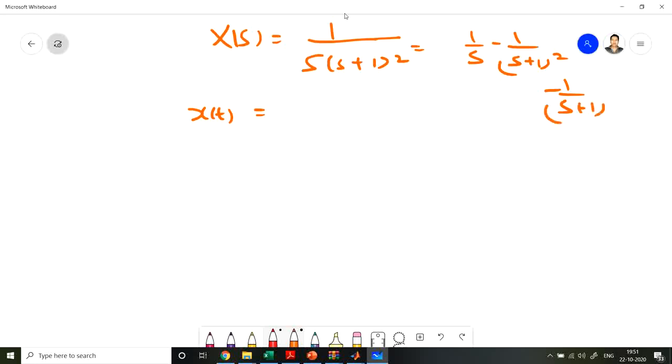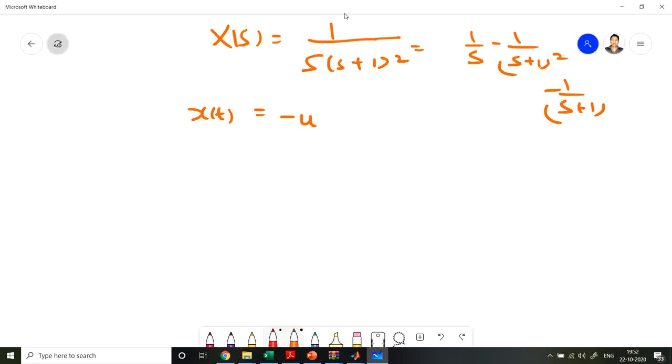So please check that xt is nothing but minus of u, because all these are left sided signals, the Laplace transforms x1s, x2s and x3s.